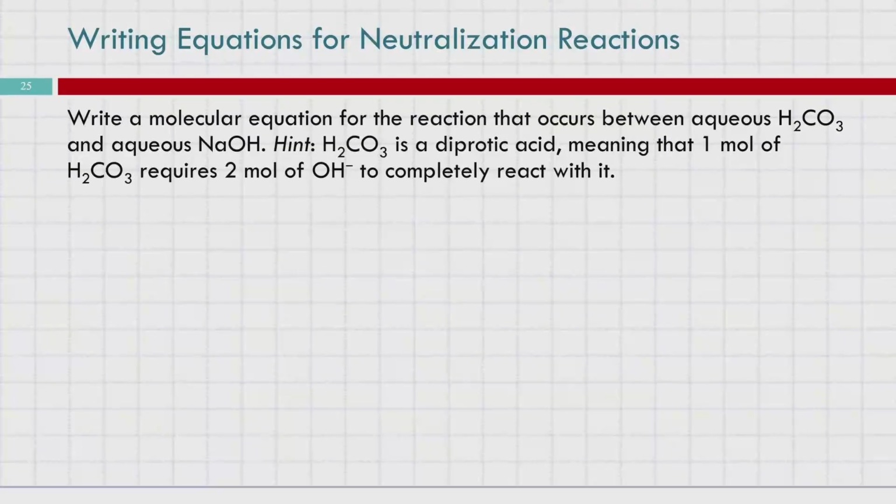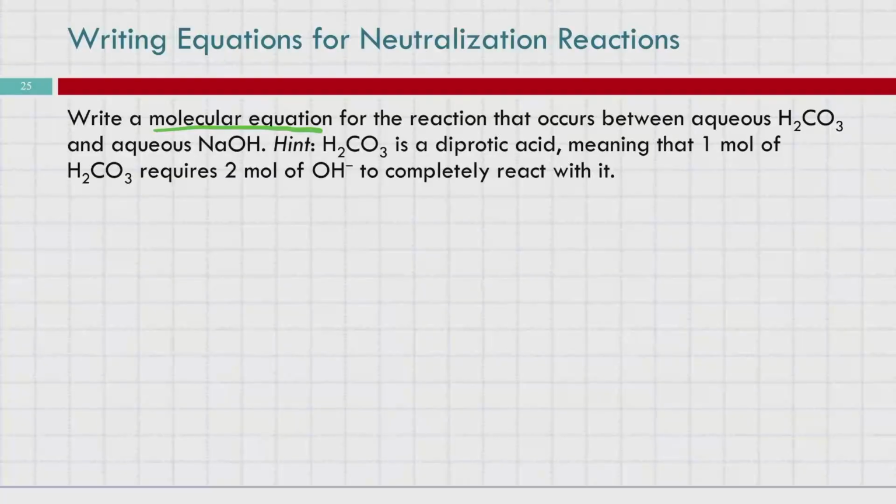Okay, so we can write equations for neutralization reactions. What do neutralization reactions produce? Water. And salt, a salt, not necessarily salt. So we're looking for the molecular equation. What do we have in our molecular equation? Ions, molecules.